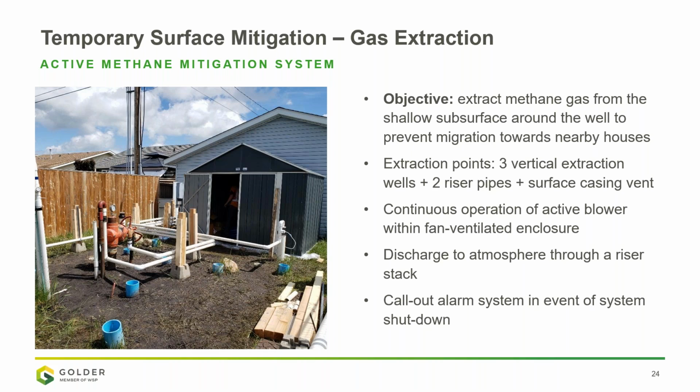The blower operated continuously and extracted the soil gas and then vented that to the atmosphere through a riser stack. The photo here is of early days in the construction as we're laying out the piping. You can see it's tucked in the corner of the playground area close to the houses. The layout is shown on the next slide.